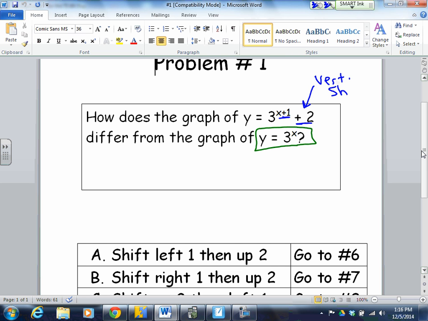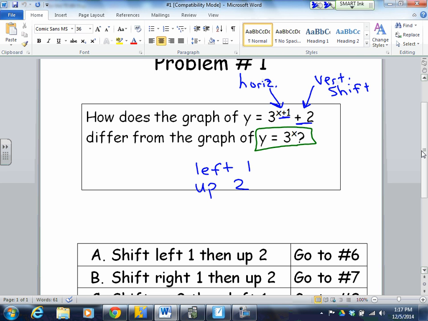You're just really adding 2 to the y value, so they're all just going up. And then something happening inside the function, with the x, and in this case, inside the exponent, that's going to be a horizontal shift. And remember, the horizontal ones are kind of backwards from what you would think, so this +1 is actually going to be a left one. And then the +2 on the end is straight up, it's an up 2.